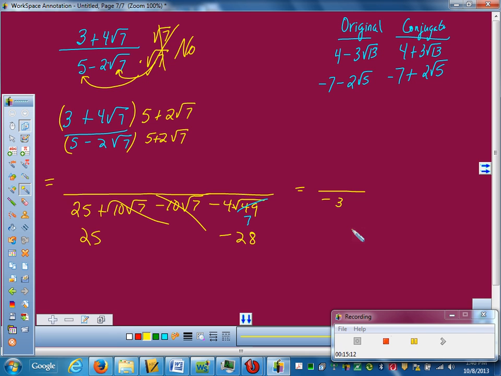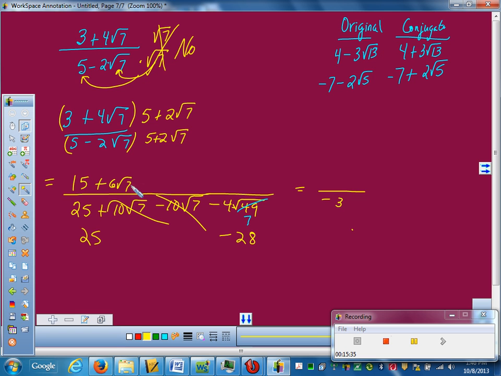Now, on top, can you cheat and just do first and last? Are they conjugates? They're totally different numbers. So, yeah, you got to do it all. So 3 times 5 would be 15. Outers, 3 times 2 square root of 7 is 6 square root of 7.